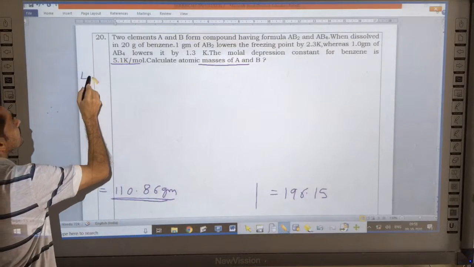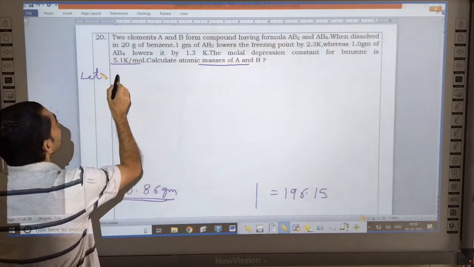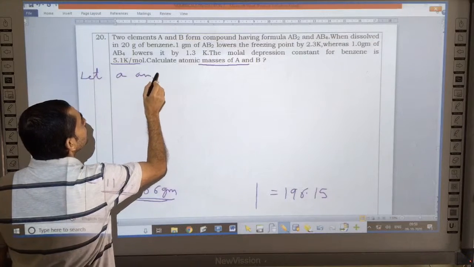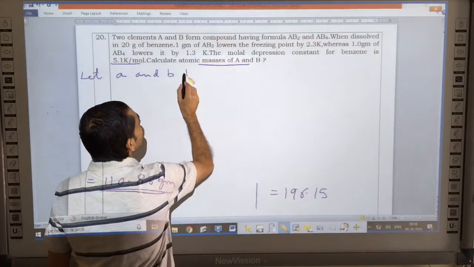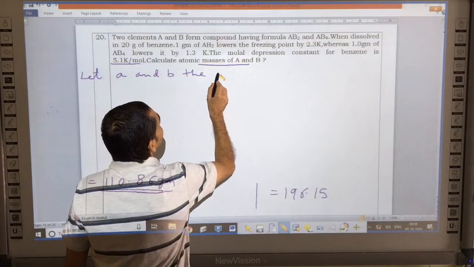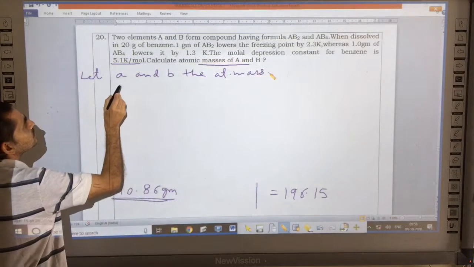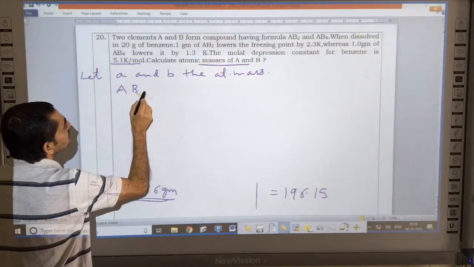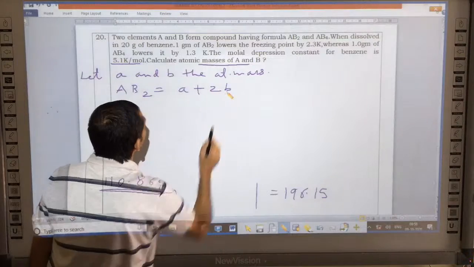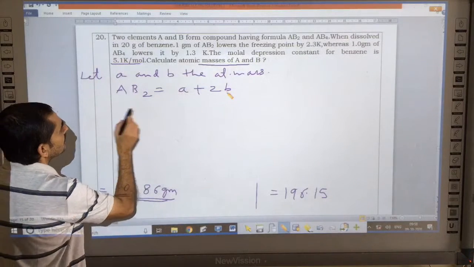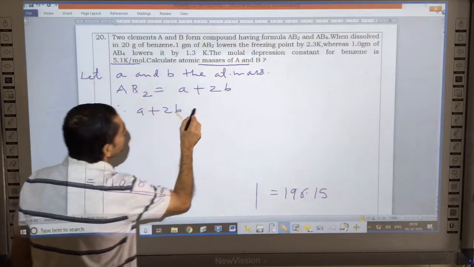Let A and B be the atomic masses of atoms A and B. Okay, so AB2. In AB2, we can write this as A plus 2B.